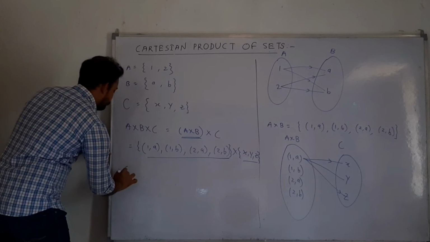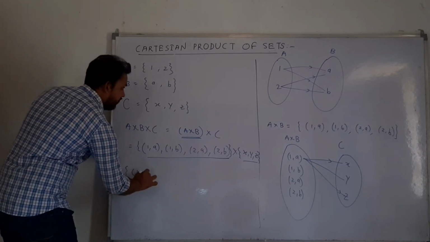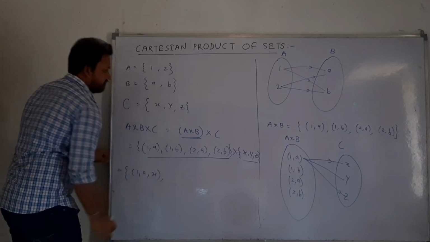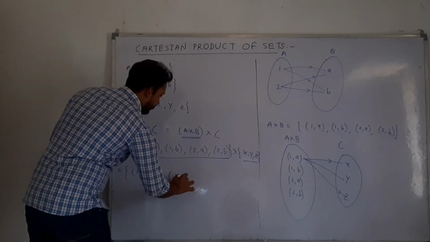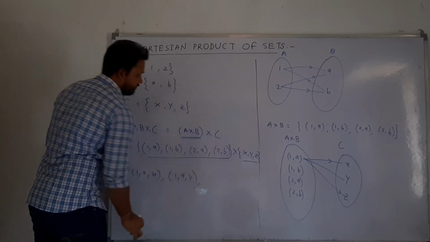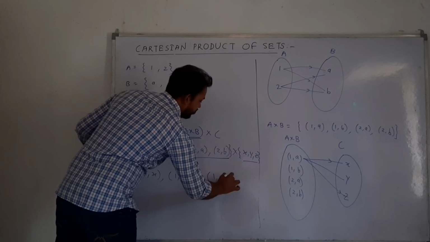They are (1, a, x), then (1, a, y), then (1, a, z).